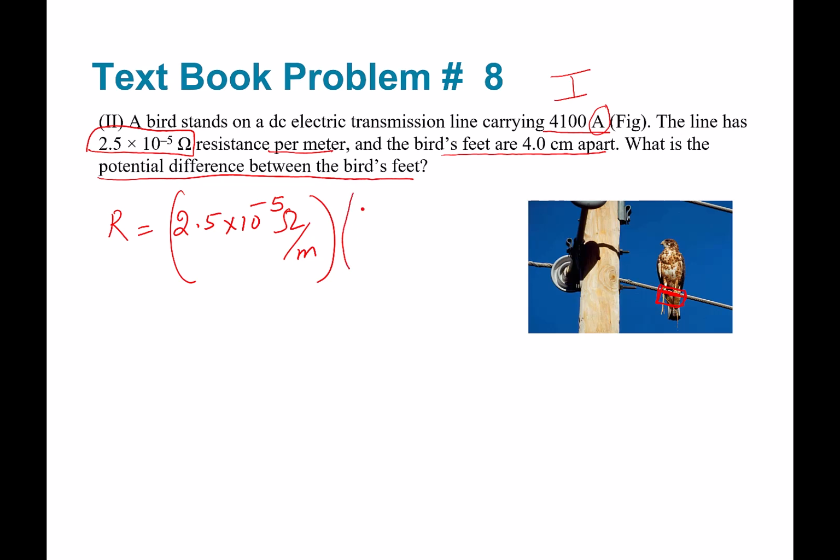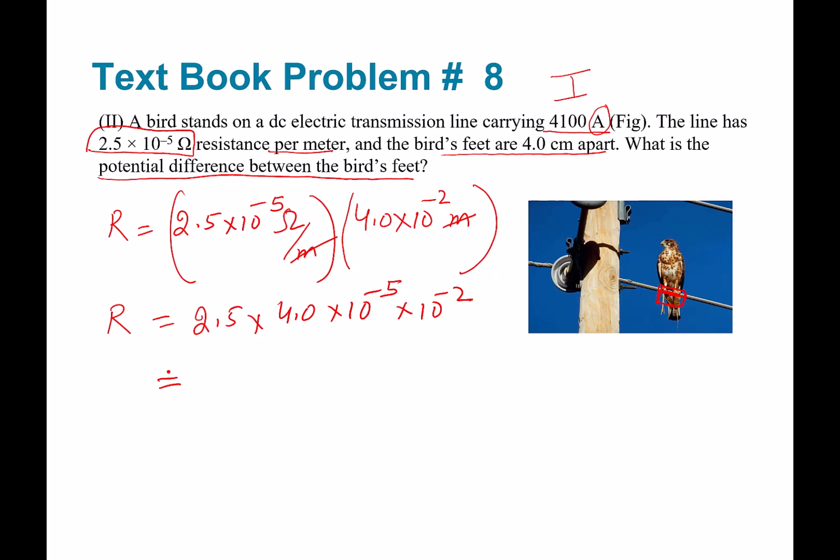So we multiply by the 4 centimeters apart, which is 4.0 × 10^-2 meters. So the resistance will be 2.5 × 10^-5 times 4.0 × 10^-2.